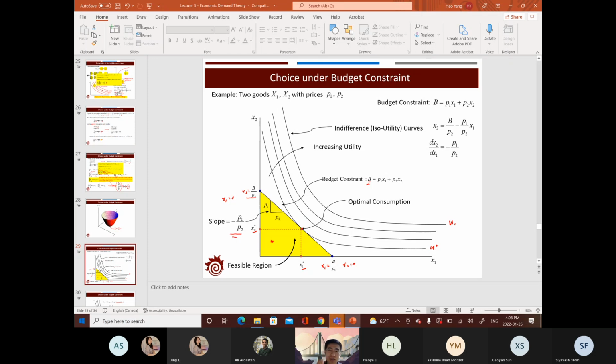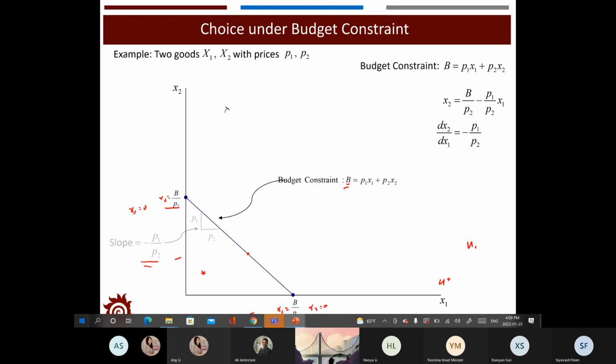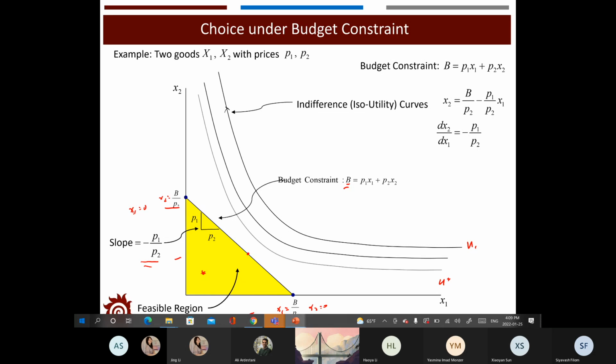For one iso-utility curve, it indicates that for any points along the curve, for this example with two products x1, x2, you may have different combinations.